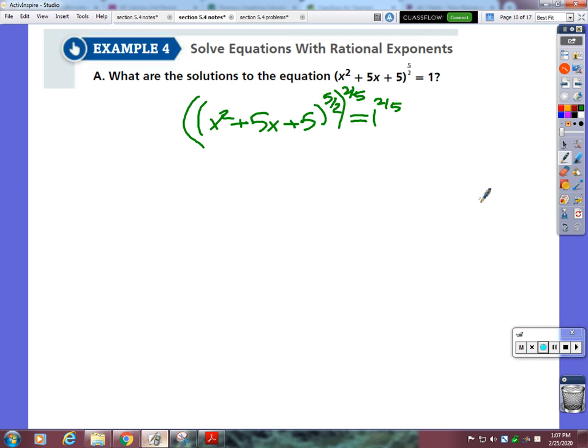So then I also have to raise the right-hand side to the 2/5 power also. So what am I left with on the left side of the equation? x squared plus 5x plus 5, because the exponents cancel.